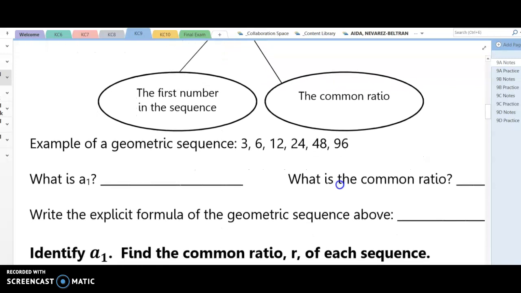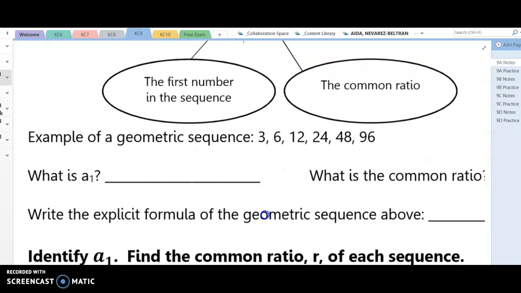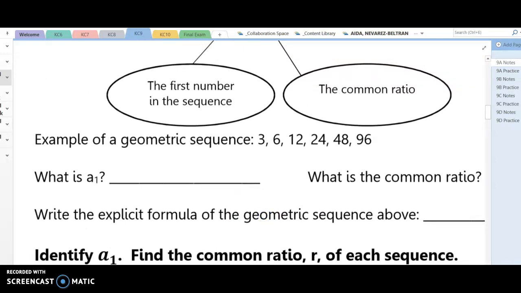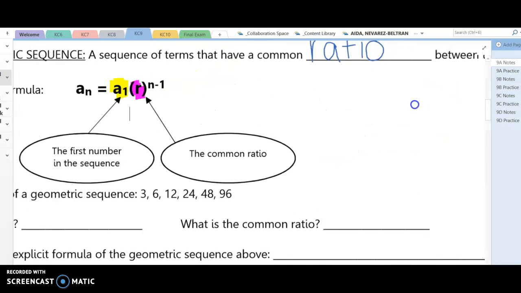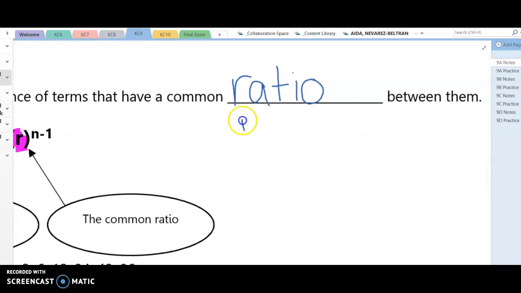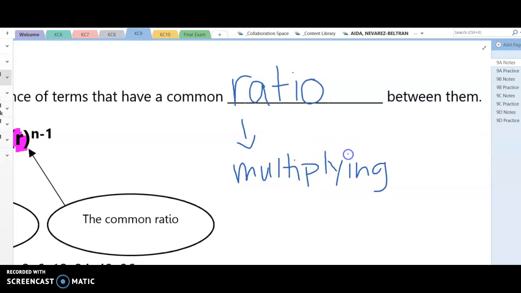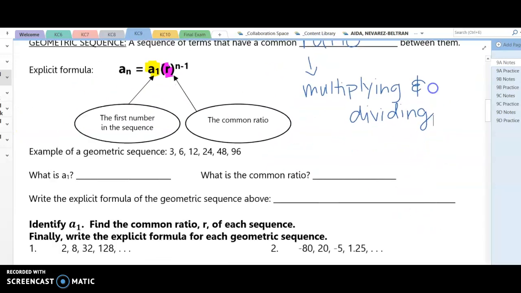So let's look at our first example. So we have the sequence. So it's 3, 6, 12, 24, 48, 96. So the difference between this one is when you have a common ratio, this is looking at multiplying and dividing. So you're not adding and subtracting each time, you're multiplying and dividing between your numbers each time.